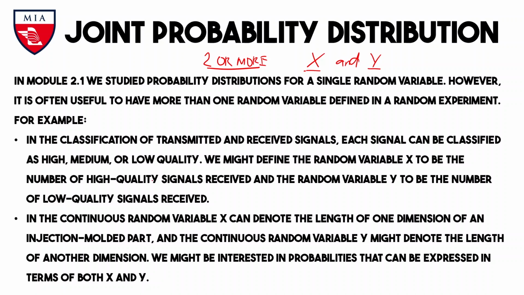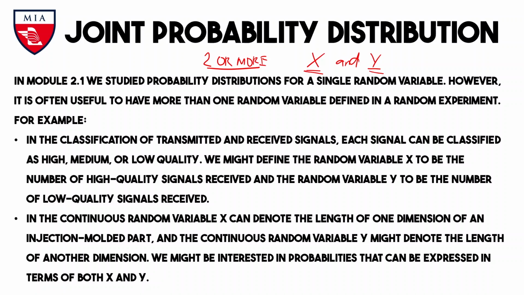In another example, the continuous random variable x can denote the length of one dimension of an injection molded part, and the continuous random variable y might denote the length of another dimension. We might be interested in probabilities that can be expressed in terms of both x and y.